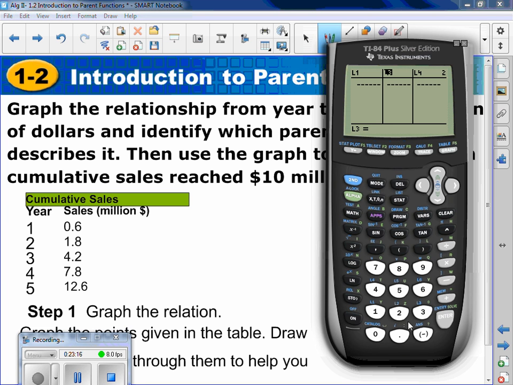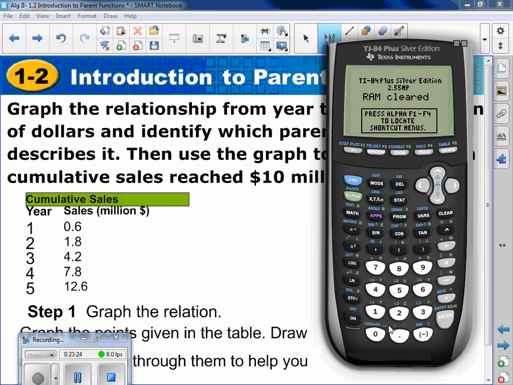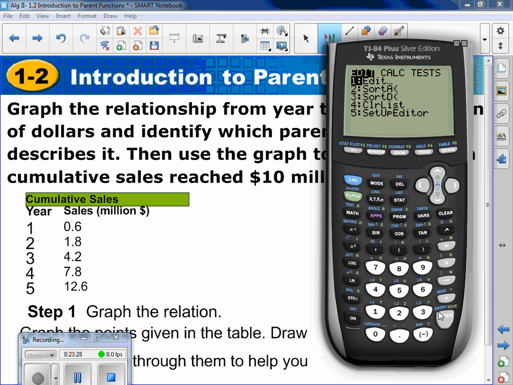One of the quickest ways, second plus 7, 1, 2. It's now reset my calculator back to the way it was originally. When I go into stat, edit, L2 is back. Year 1, year 2, year 3, year 4, year 5.